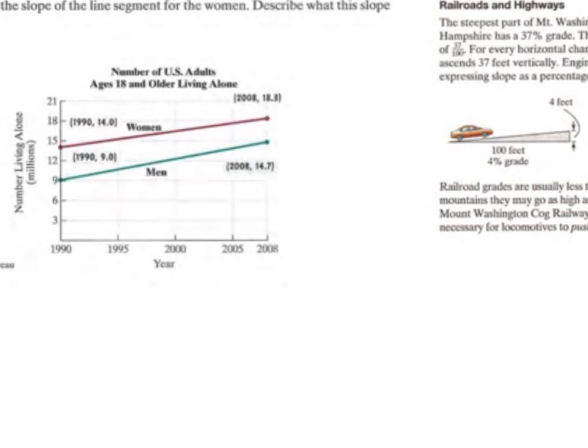If we're going to find the slope, let's find the slope of the women's line. That's 18.3 minus 14, there are my y values, over 2008 minus 1990.